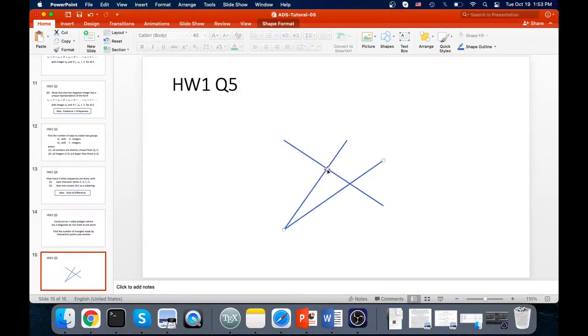Now, we will see that in order to have this kind of triangle, these 2 endpoints must lie on the same diagonal. These 2 must lie on the same diagonal. These 2 must lie on the same diagonal. And then this endpoint is common.